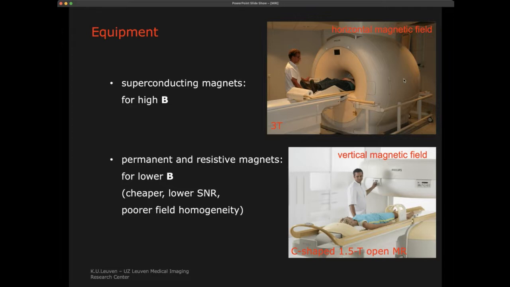Superconducting materials are materials that have virtually zero resistance for an electrical current. Because the current is not attenuated by heat generation, it can go on almost forever. So these are great in order to make very high magnetic fields.